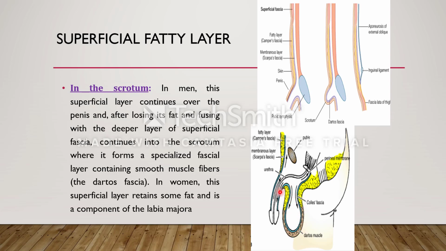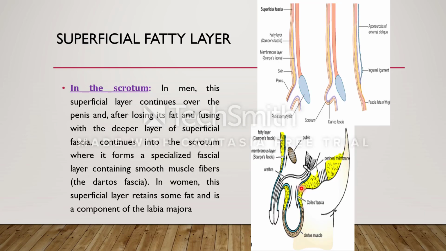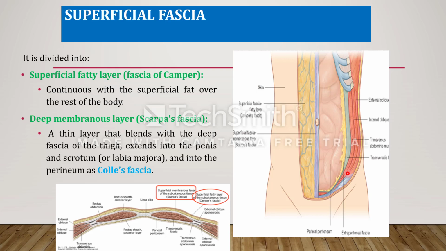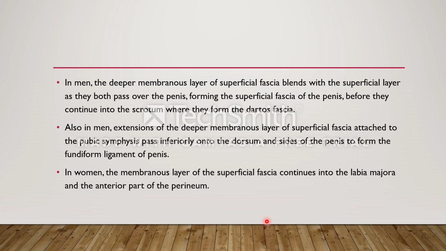This is the deep membranous layer which is present in the penis also, and in the abdomen this is the Scarpa's fascia, and then in the perineum it is named as Colles fascia, also named as superficial perineal fascia. And in the thigh it will be continuous with, and fused with, the fascia lata of the thigh.